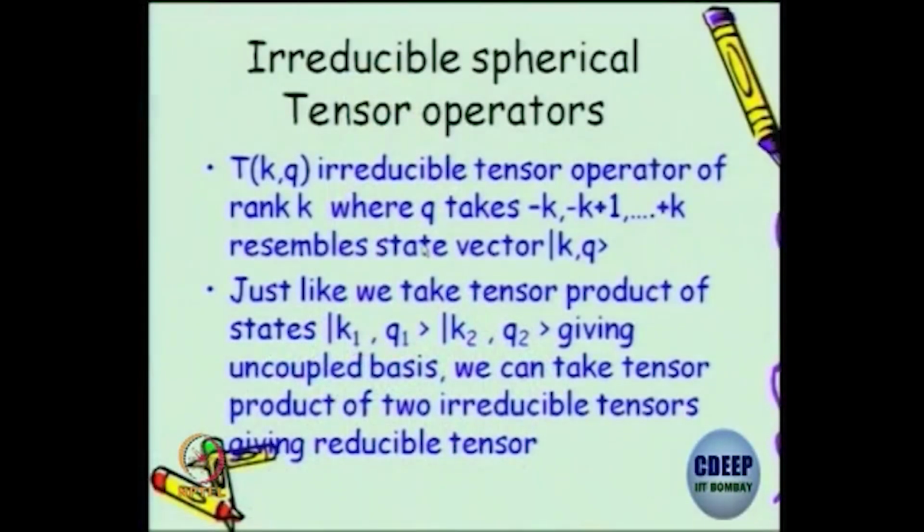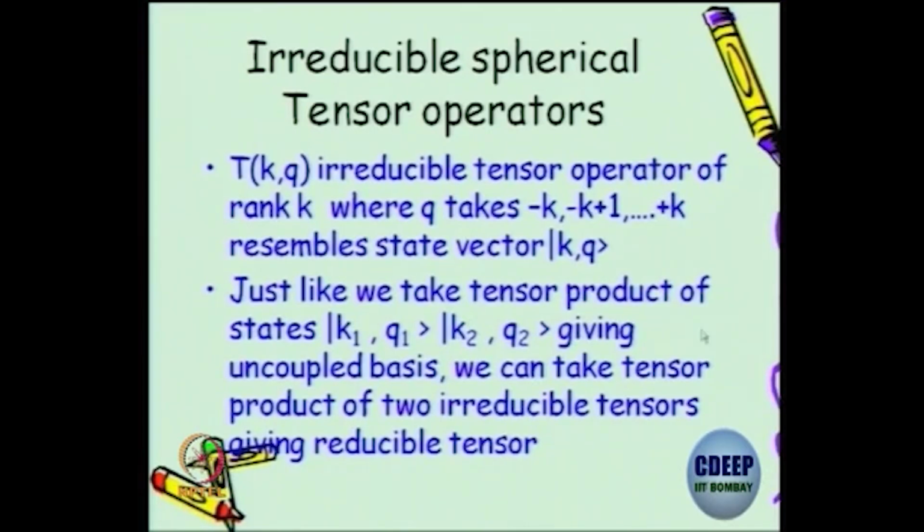You will use the CG coefficient, just like we use the CG coefficient to break this into |k1 minus k2| in steps of 1 to k1 plus k2. The same thing you have to do for the tensors also. So T_kq is an irreducible tensor where q takes values, similar to a state vector |k, q>.